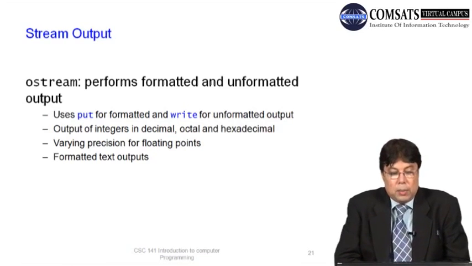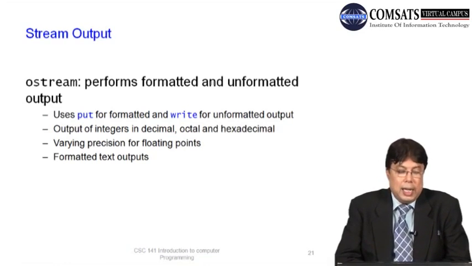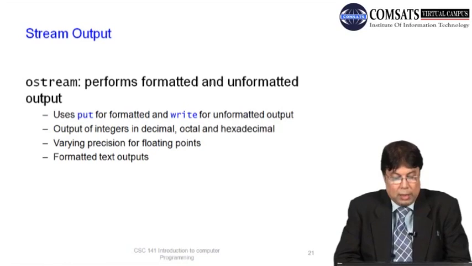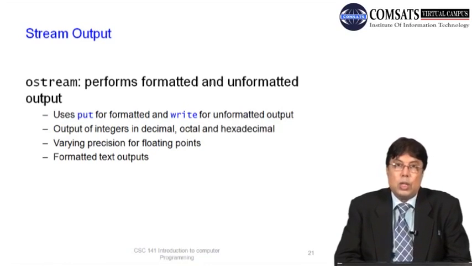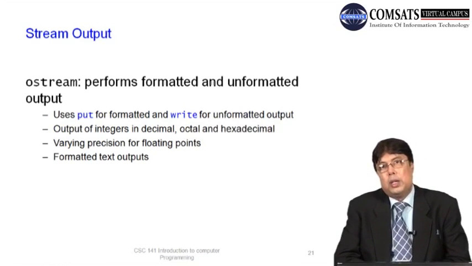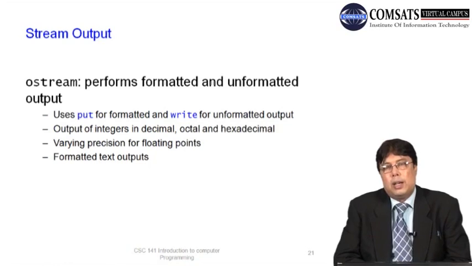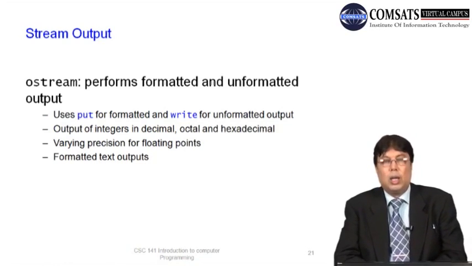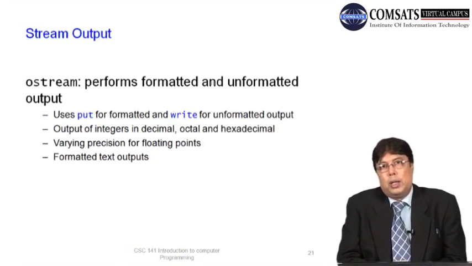So O streams perform formatted and unformatted output. We have already seen that in the file processing lecture, that when we use put, we use it for formatted output, and we use write for unformatted output. When we created a sequential file, we used fput.